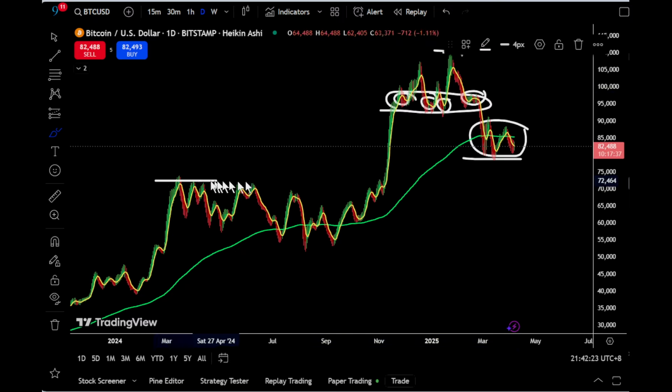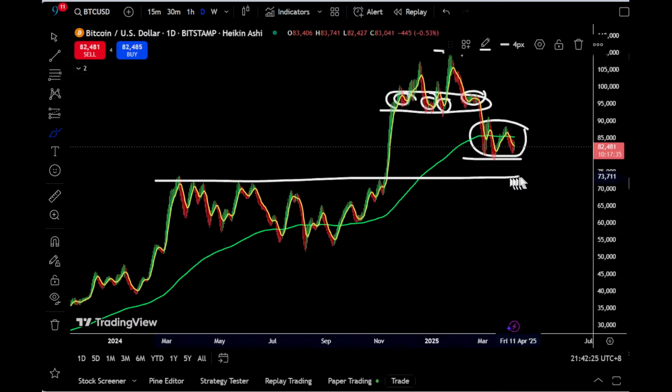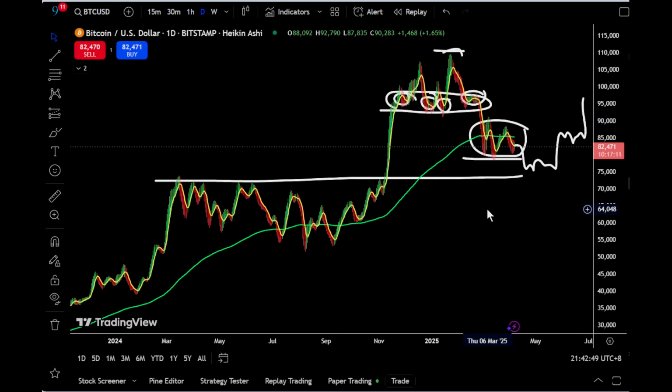Okay, here. I try to draw as straight as possible. So it's a very serious resistance turned support zone here, which is quite near. Even if it breaks down from here, it should have another support here, then continue upwards again, going sideways, then continue upwards. Should be something like this, in my opinion.